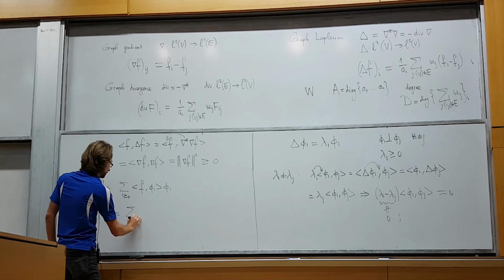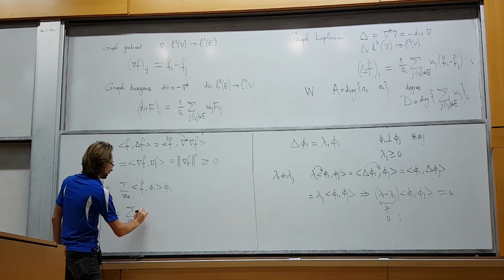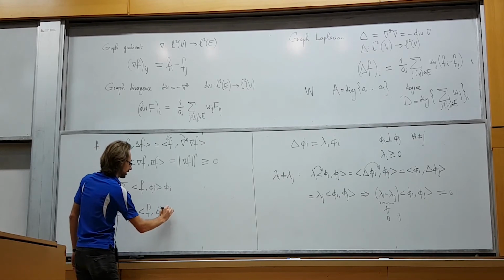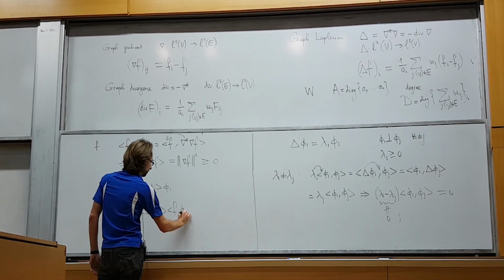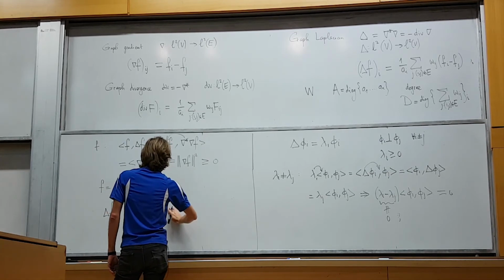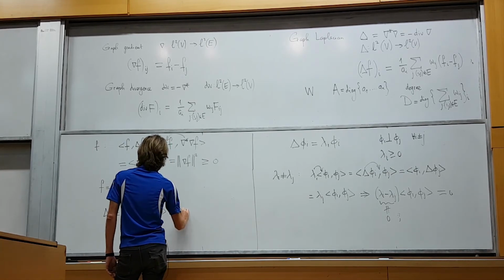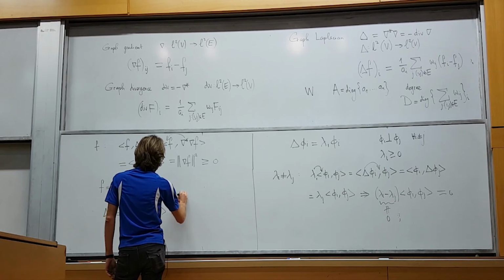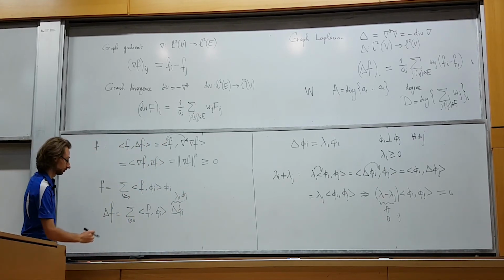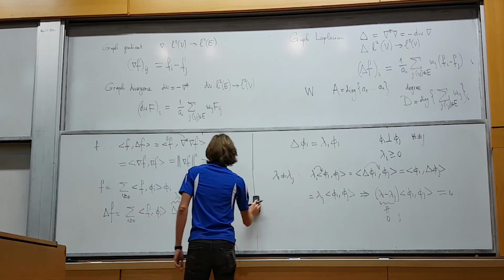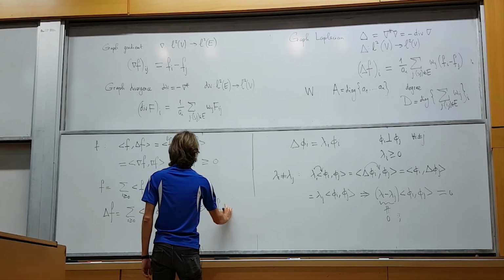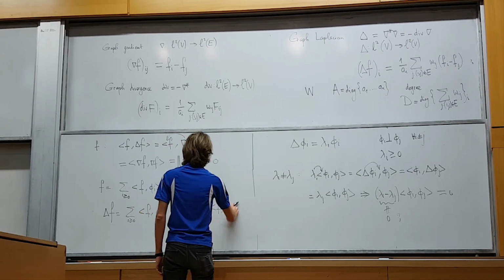I will have the sum over I, f phi I, f phi I, Laplacian phi I, which is lambda I phi I, right? And now I would like to compute this expression, the inner product of f with the Laplacian of f.